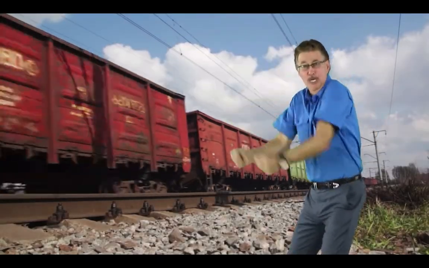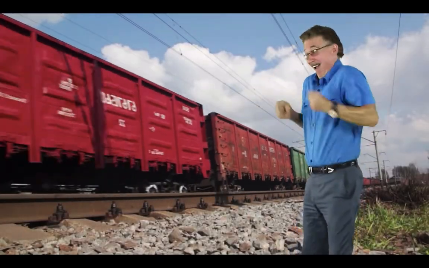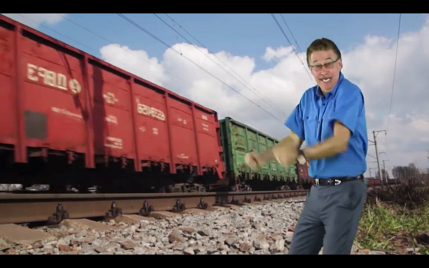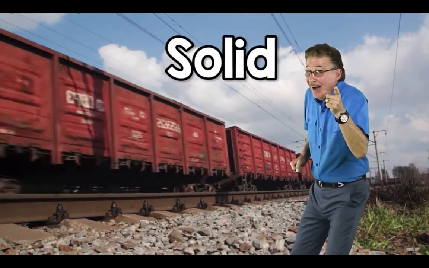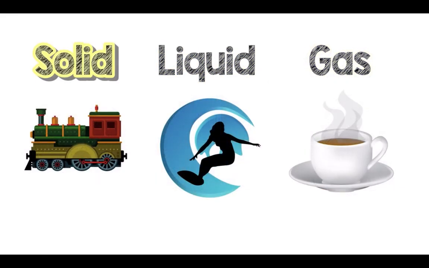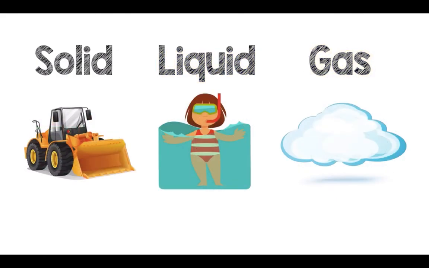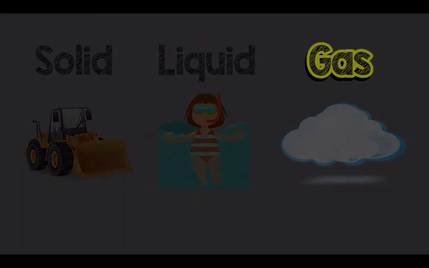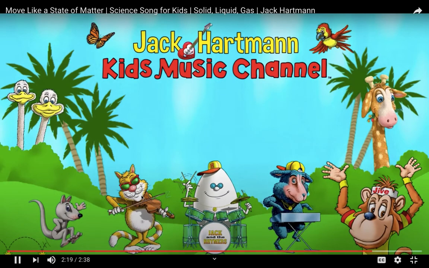Chug, chug, choo, choo like a train. A train is a solid. Look all around every day. Observe and think. Is it a solid, a liquid, or a gas? Let's be friends.